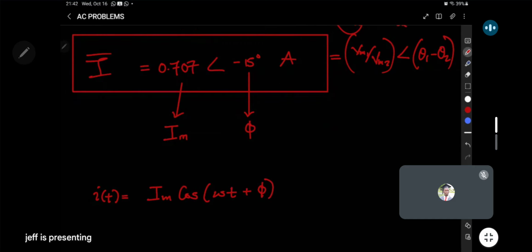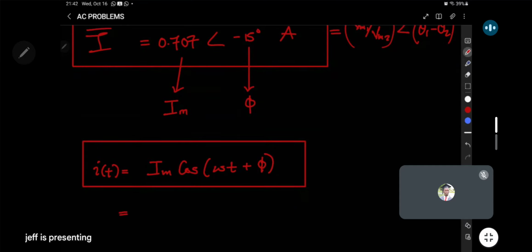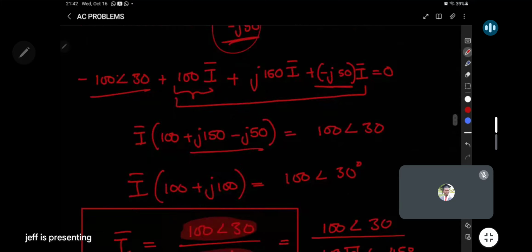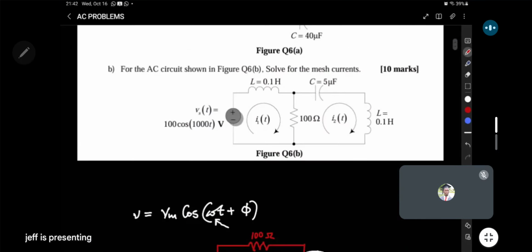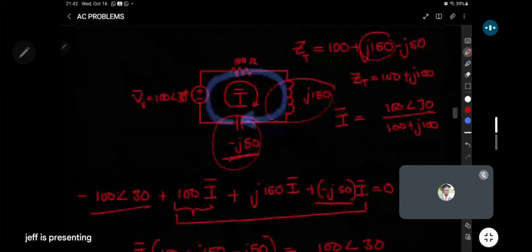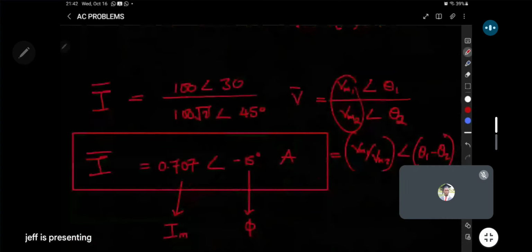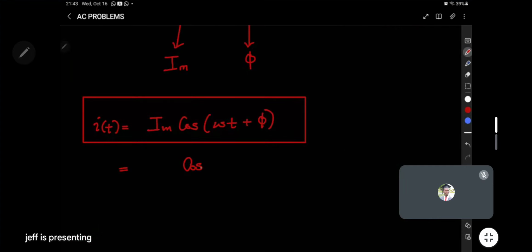You see, the circuit will have the same angular frequency, meaning the same angular frequency supplied by the source earlier, it's the same one we use here. So from the source, we got 500 rad per second. There's the angular frequency, meaning that that is what we'll keep in this case as well. Of course, the 500t.